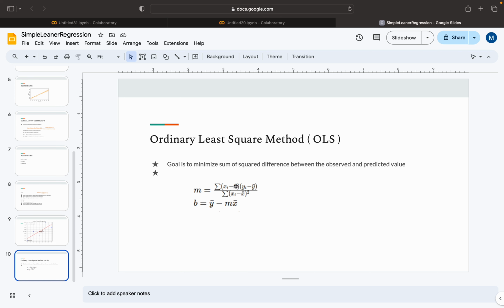This x bar is the mean of x and y bar is the mean of y. To calculate b, the formula is y bar minus m times x bar. Again, this is the y mean and this is the x mean. I will show you a sample, how we can calculate m and b mathematically.